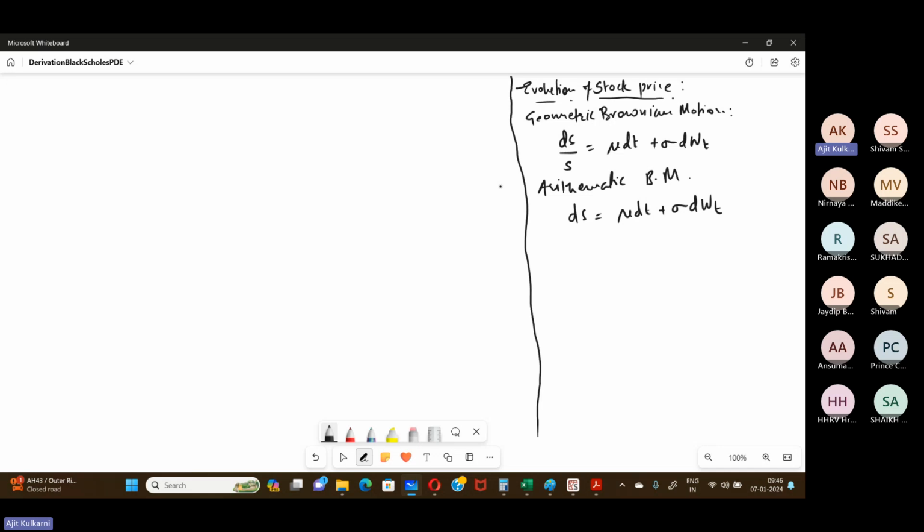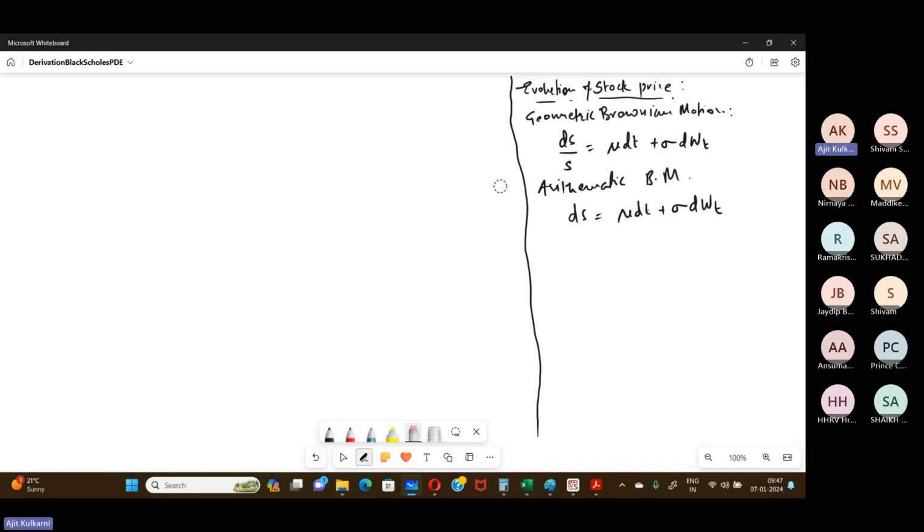Okay, can someone tell me the difference between this and this? In the denominator, S is available in geometric.